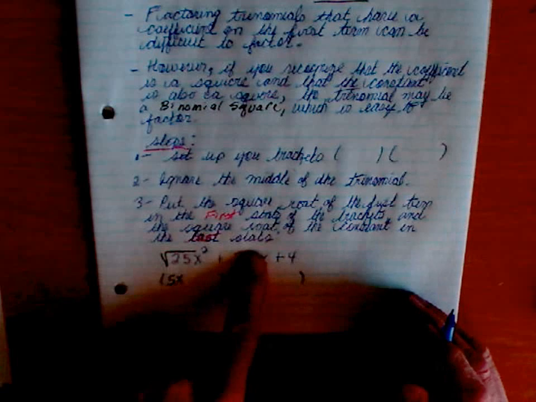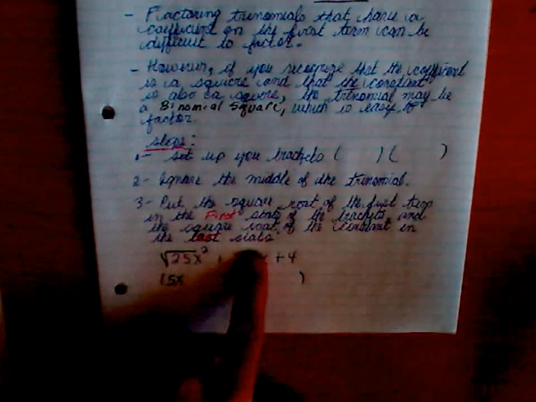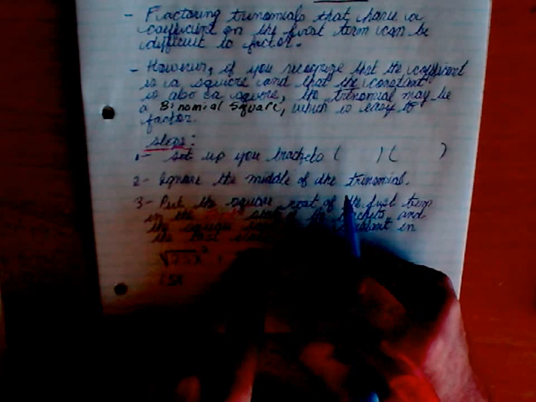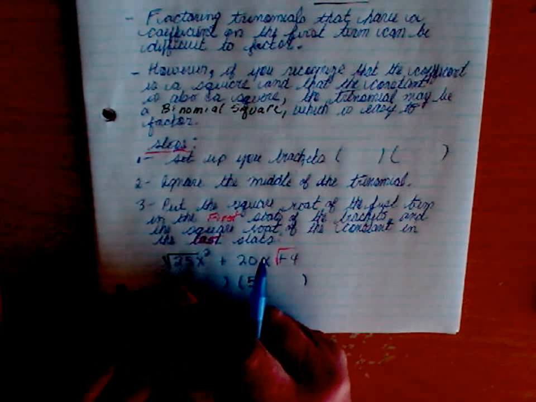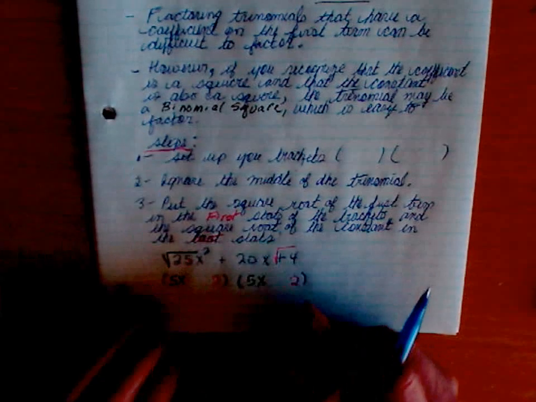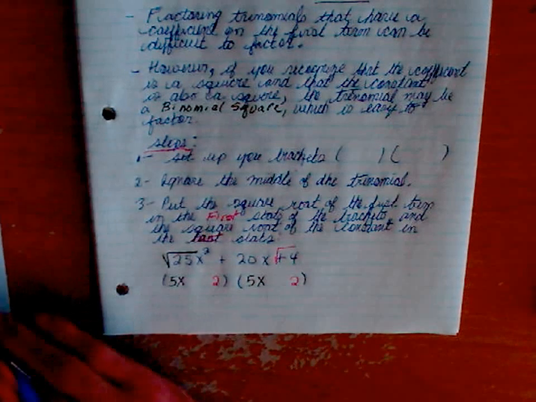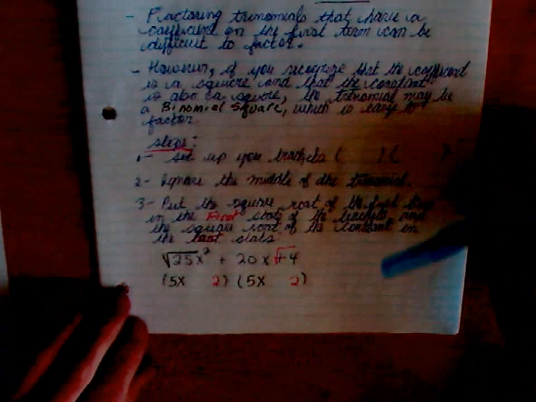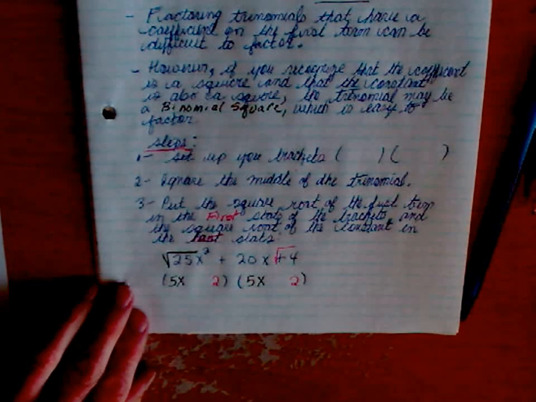That 20x doesn't exist for right now. I need to take the square root of the positive 4, which is 2. So hopefully you're asking how we get the middle sign. I'm going to tell you on the next video, yo. It's pretty suspenseful.